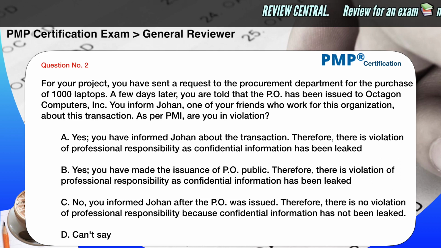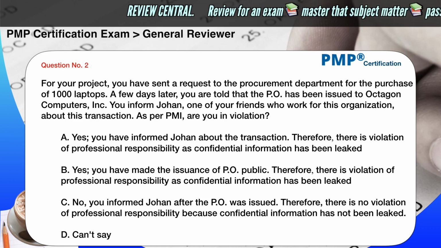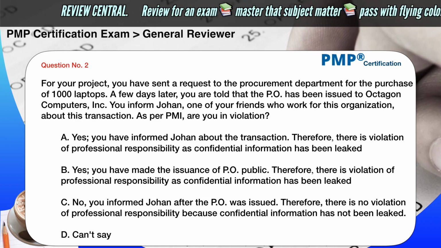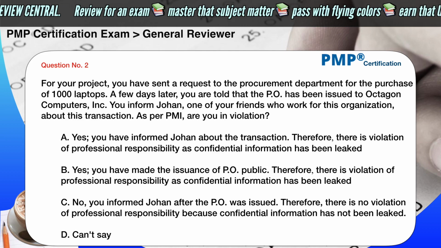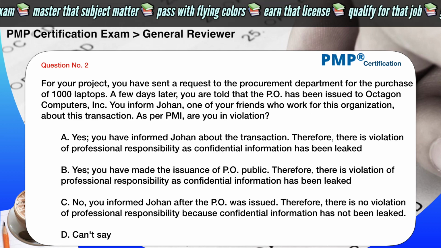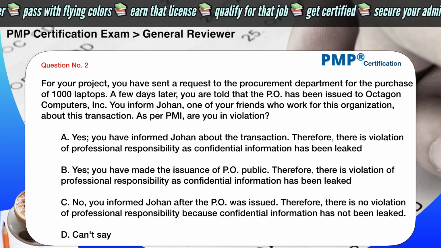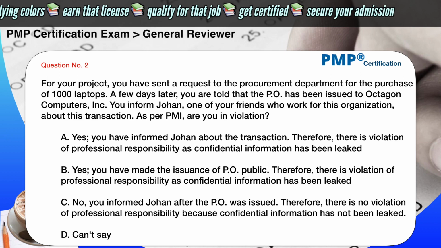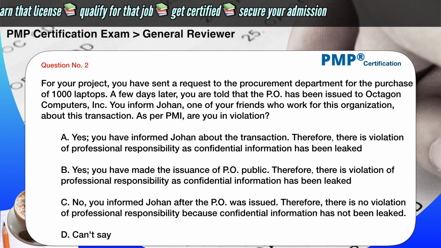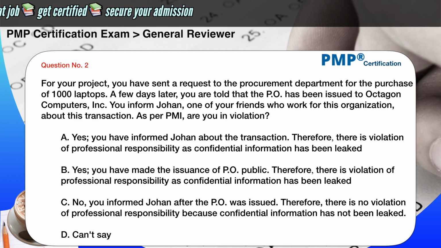Therefore, there is violation of professional responsibility as confidential information has been leaked. B. Yes, you have made the issuance of PO public. Therefore, there is violation of professional responsibility as confidential information has been leaked. C. No, you informed Johan after the PO was issued. Therefore, there is no violation of professional responsibility because confidential information has not been leaked. D. Can't say.